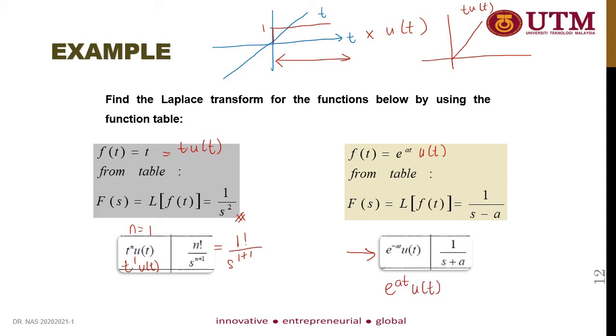So the exponent in this case is negative a. From the table, e^(-at) u(t) is given by 1 divided by s plus a. So your a in this case is negative a. That's why F(s) equals 1 divided by s minus a.